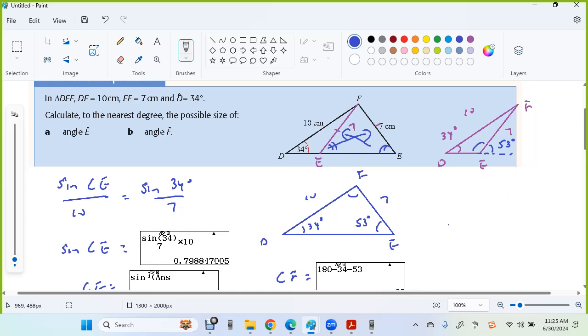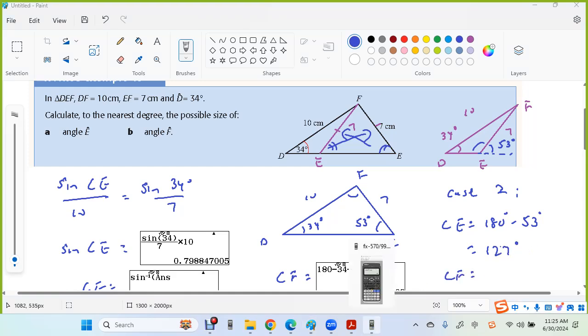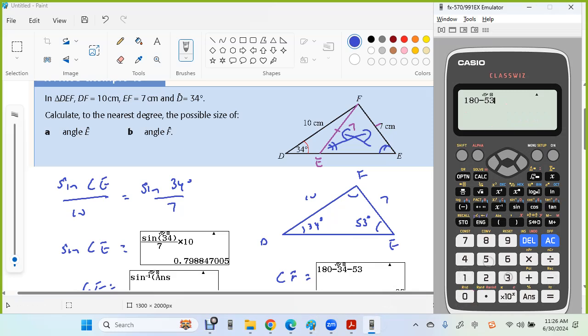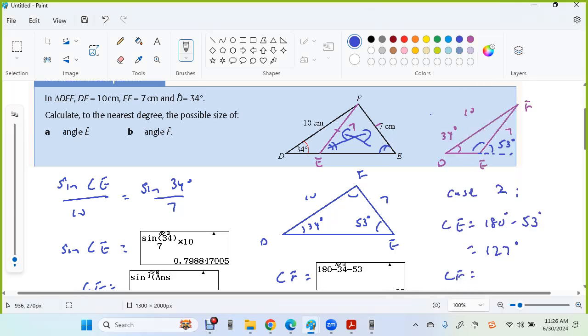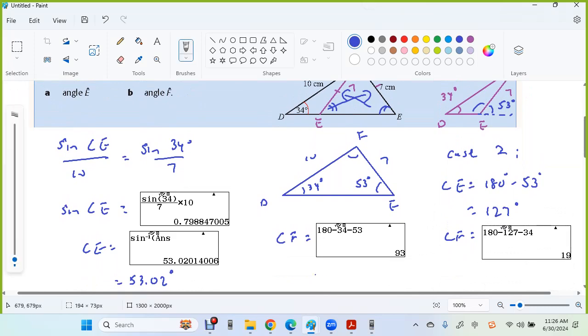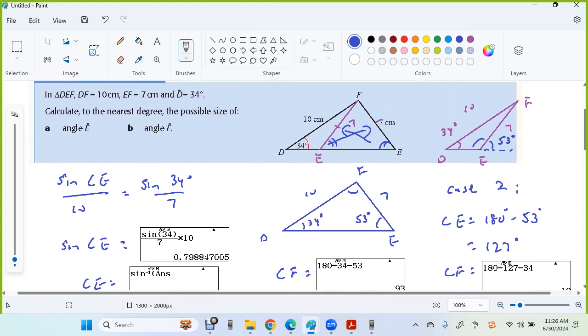So in case 2, angle E will be 180 minus 53, which is 127 degrees. And angle F will be 180 minus 127 minus 34, which is 19 degrees. So there are two possible cases.